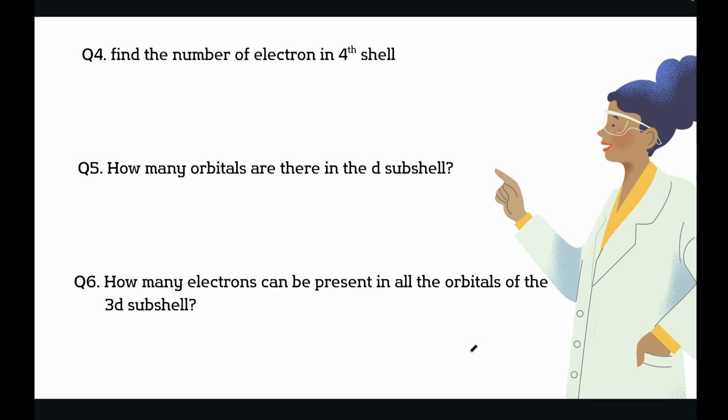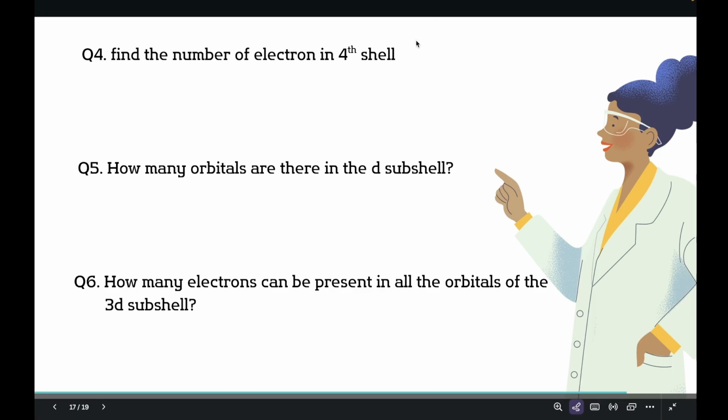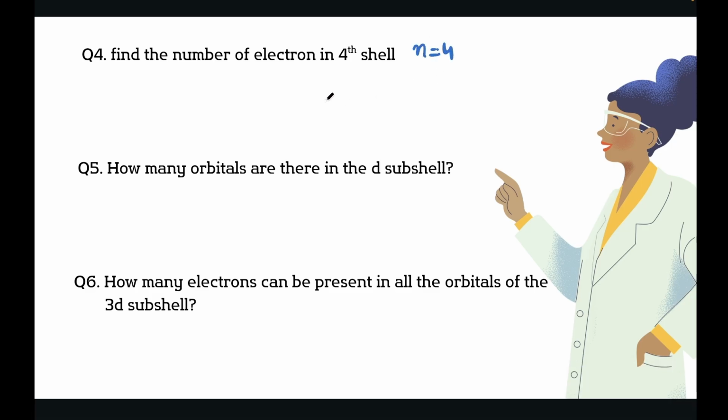Next question is, find the number of electrons in the fourth shell. That means the value of n is 4, and the total number of electrons in the fourth shell is 2n square. That is 2 times 4 square, which means 32 electrons.